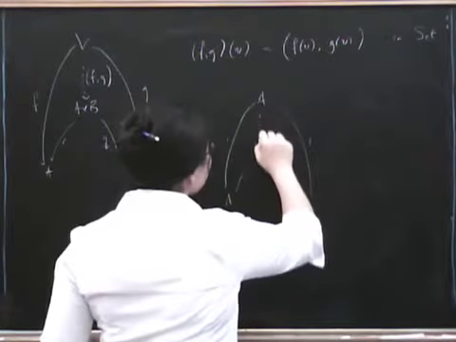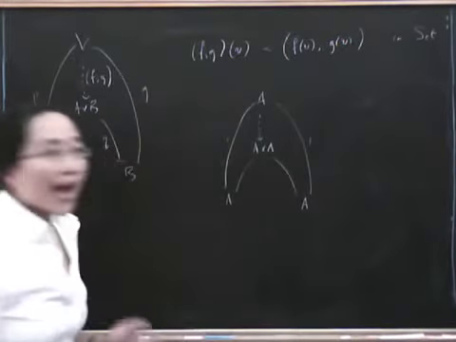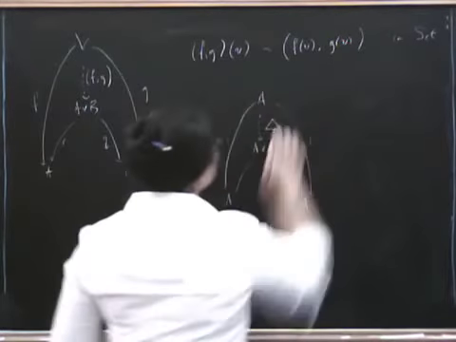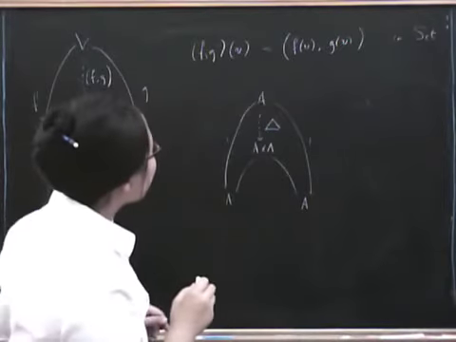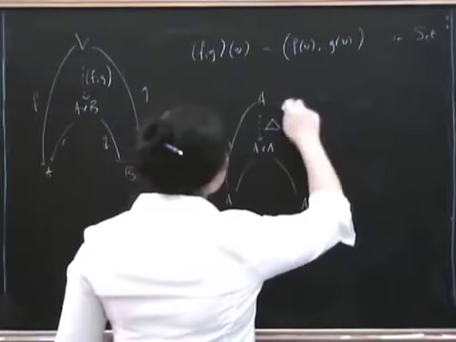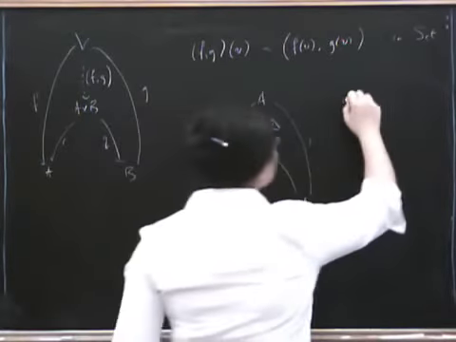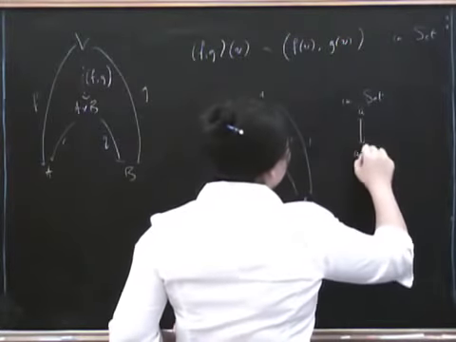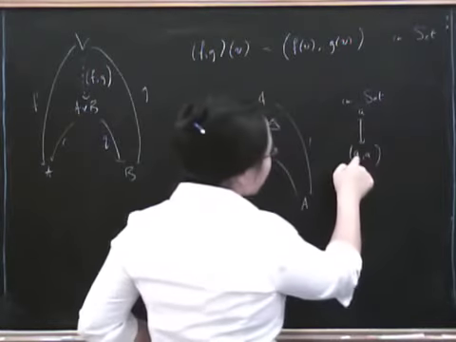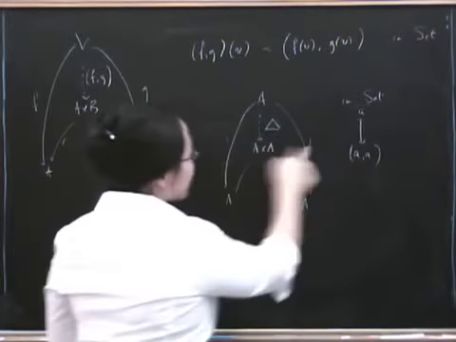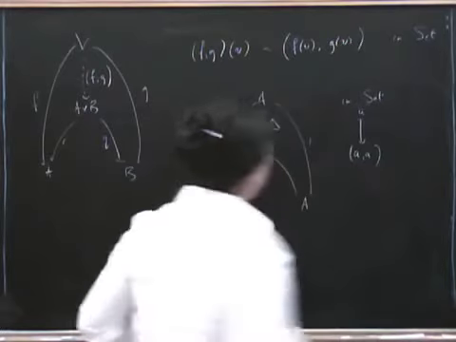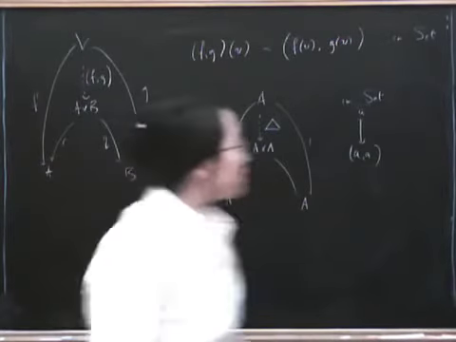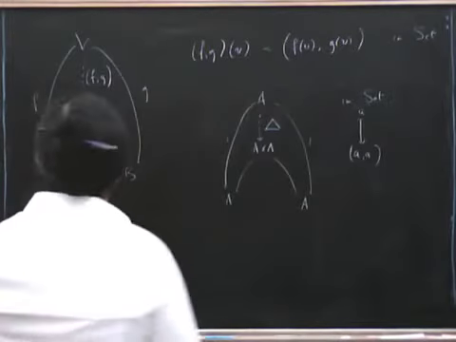So you get a unique factorization here, which is a map from A to A cross A. And we usually call this the diagonal map, because if you think about what it does in Set, it's going to send A to A, comma A, because it's going to send it to F of A, G of A, but F is the identity and G is also the identity, so it's just A, comma A. And this is often a very important part of product structures and something that we use a lot when we're doing products.